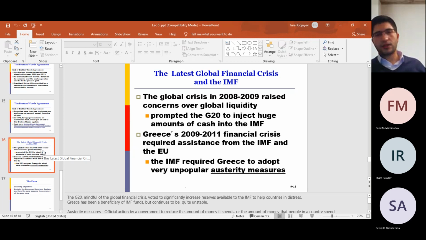So the global crisis in 2008-2009 raised concerns over global liquidity and prompted the G20.